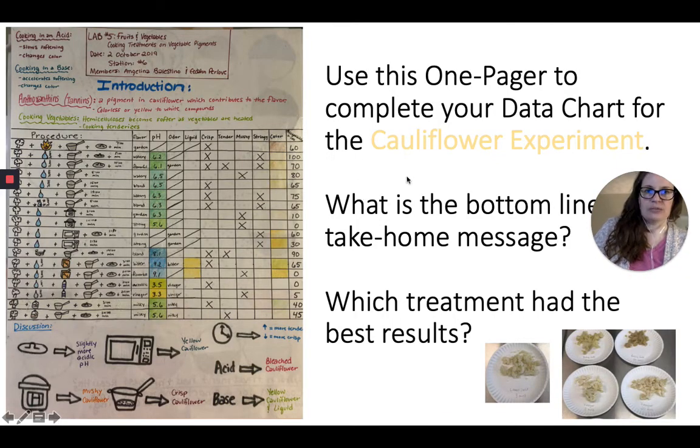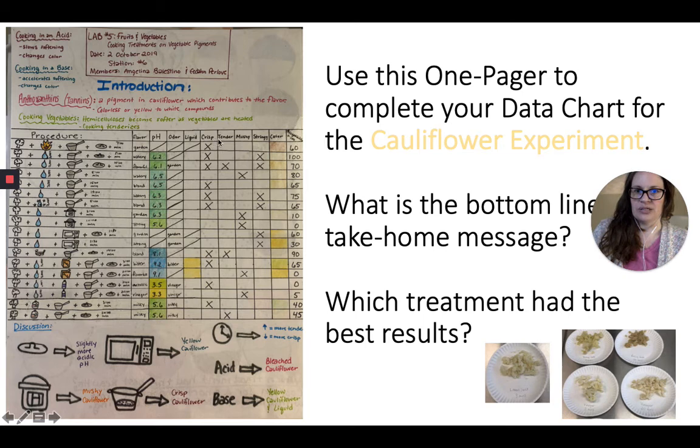The cauliflower people, this is their one-pager. Here are all their conditions with their minutes. Flavor is a descriptive term. Here's their pH, their odor. I would assume from this that if there's an X through it, that would mean no odor.